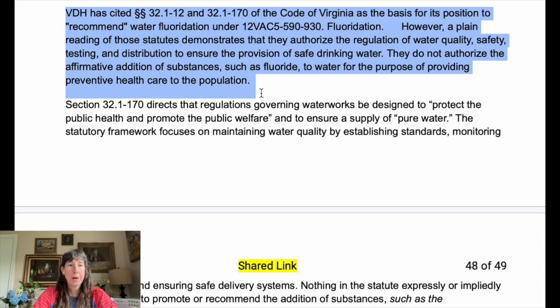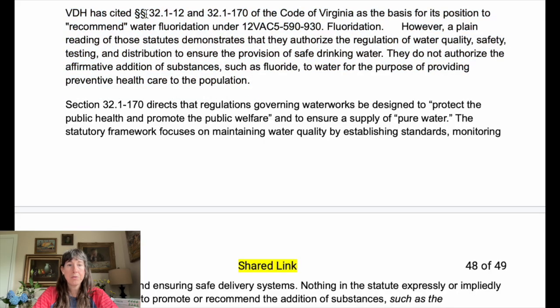Virginia Department of Health has cited 32.1-112 and 32.1-170 of the Code of Virginia as the basis for its position to recommend water fluoridation under 12 VAC 5-590-930 fluoridation.